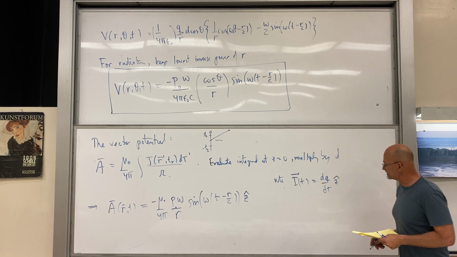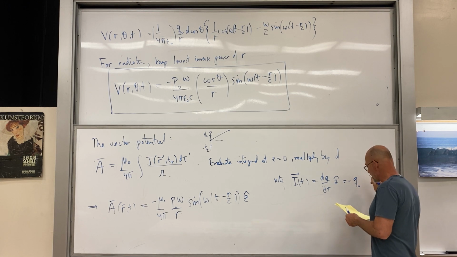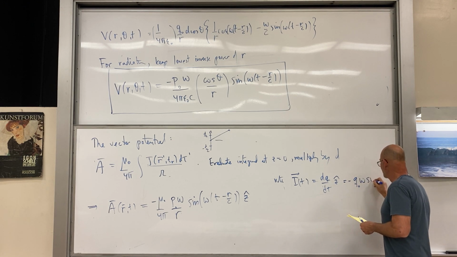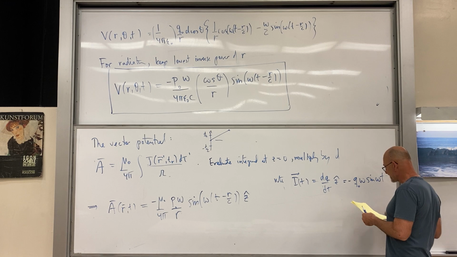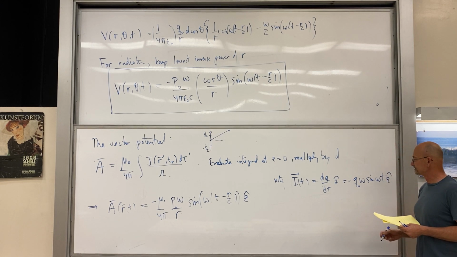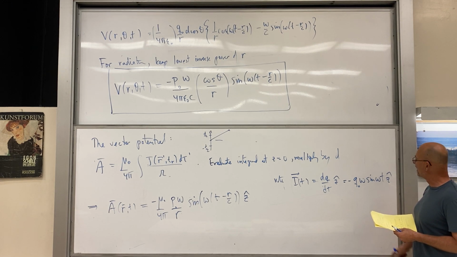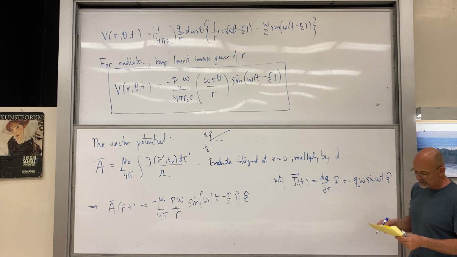That was minus q0 ω sine ωt z hat, because we're at the origin. So I've got my minus sign out of that, I've got the omega, and p0 is q0 d. So everything's been taken care of there.